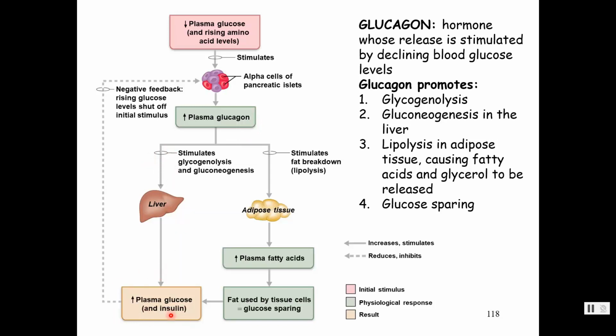Insulin and glucagon are antagonistic, so once glucose goes up, we also get insulin. We're also going to stimulate fat breakdown, which is called lipolysis. So it's going to increase plasma fatty acids, and fats are used by certain tissues for glucose sparing. The heart is a big one that can use fats.